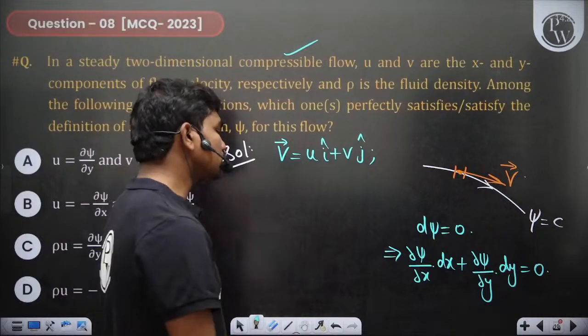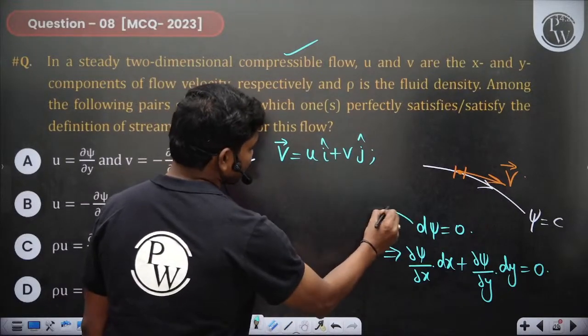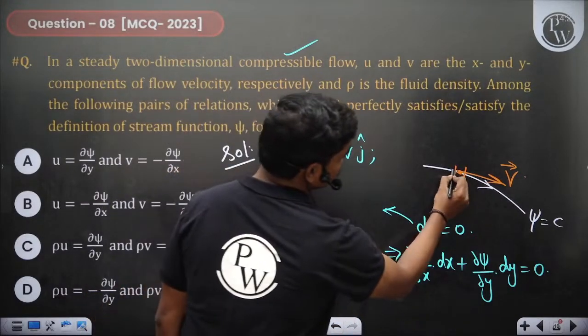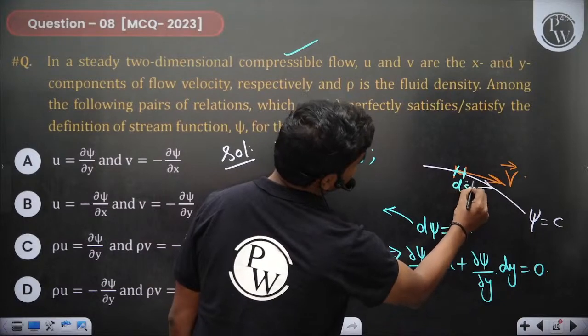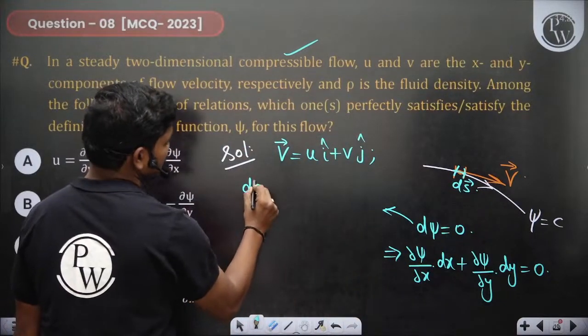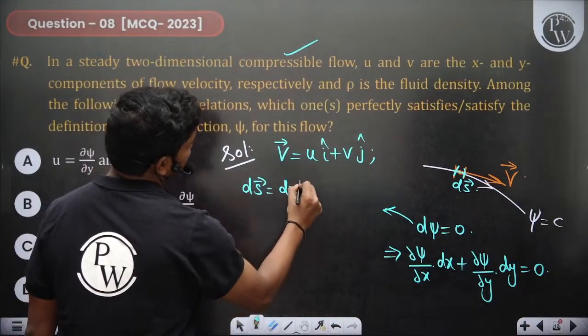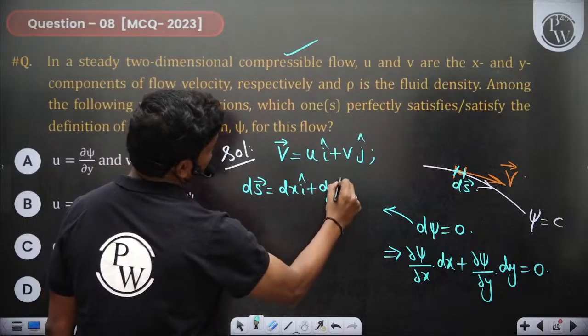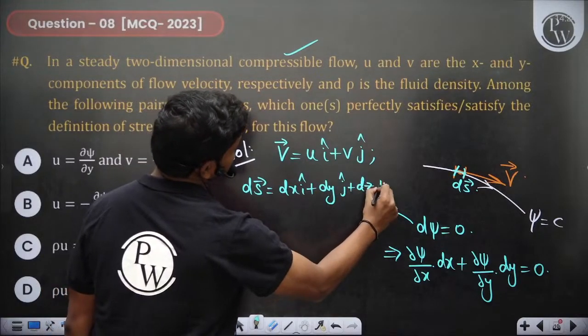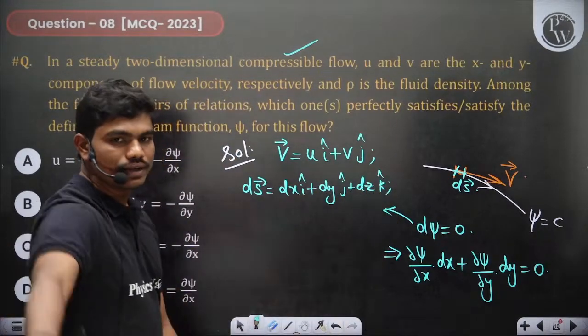This equation of the stream line can also be written with ds, where ds is something like dxi plus dyj plus dzk. Let's take 2D for the time being.